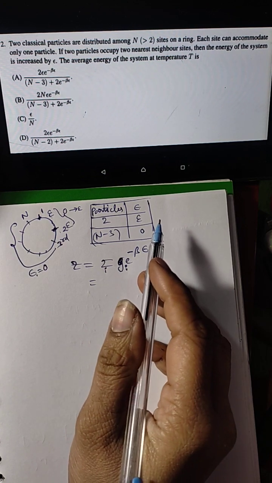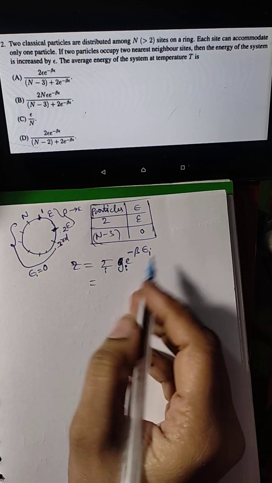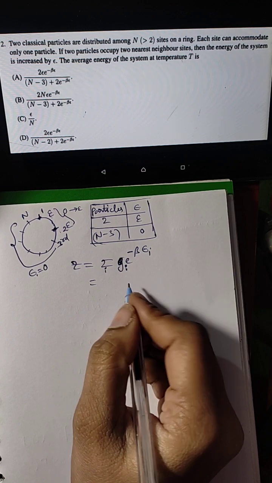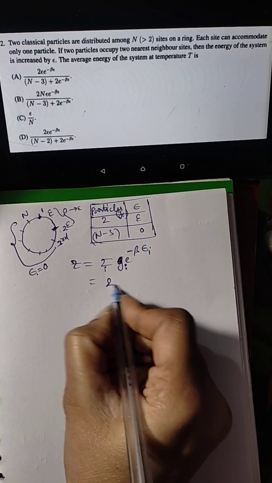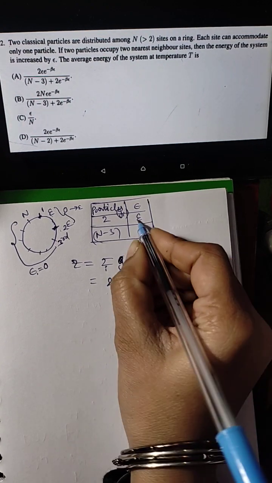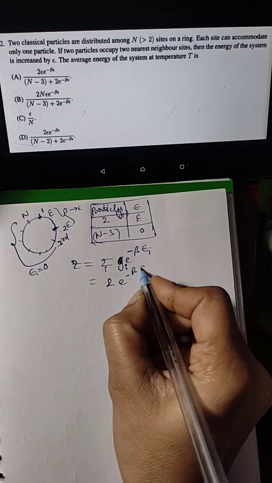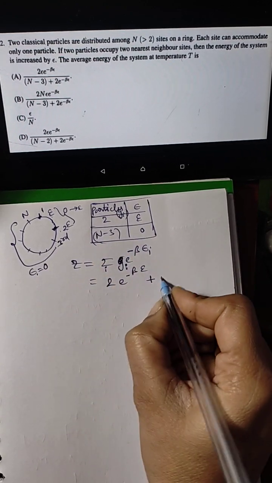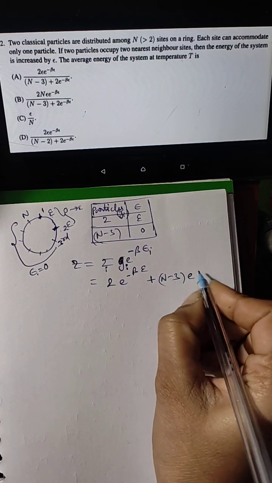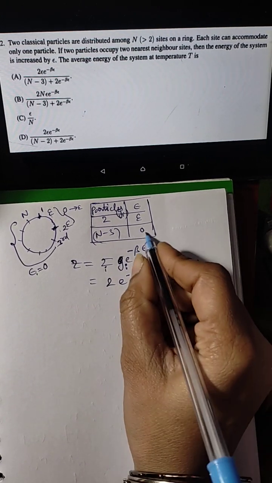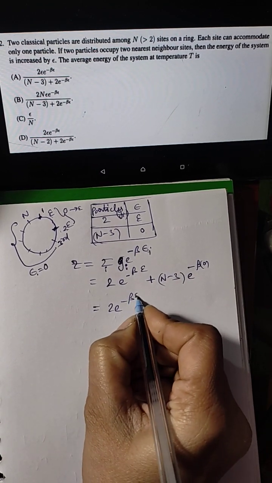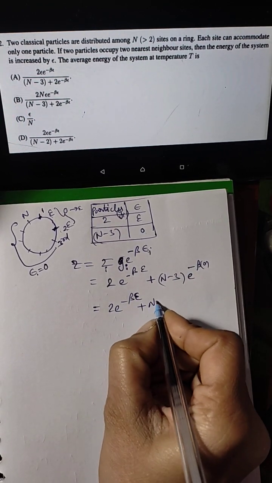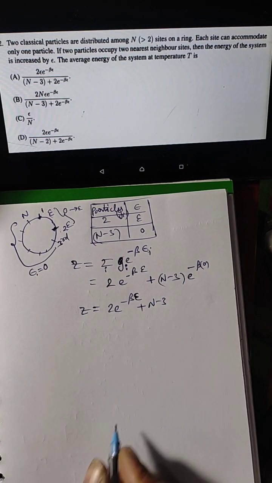Two particles are distributed among greater than two sites, so degeneracy is 2. So here 2 e power minus beta E, plus n minus 3 with energy 0, so the partition function is 2e power minus beta E plus n minus 3.